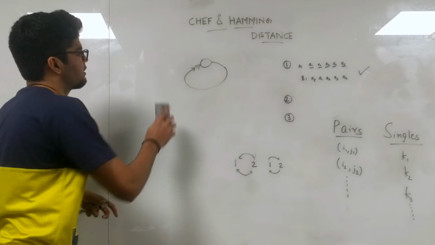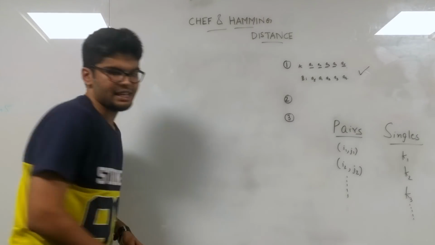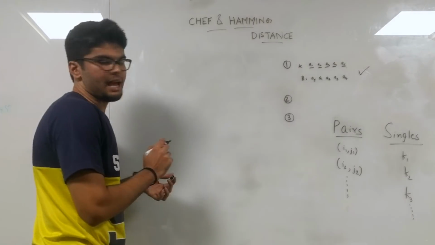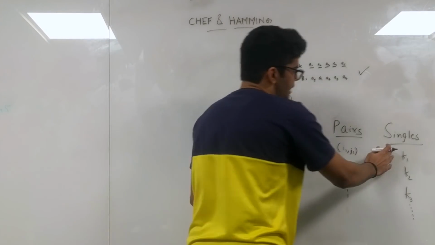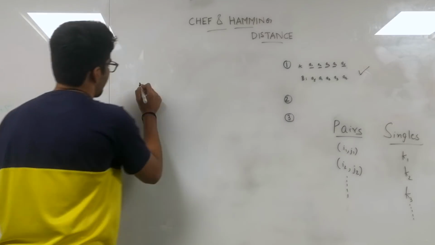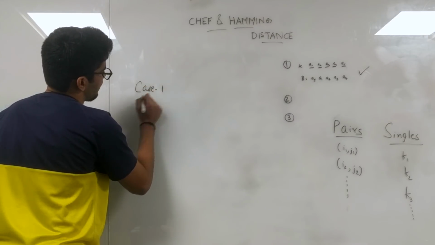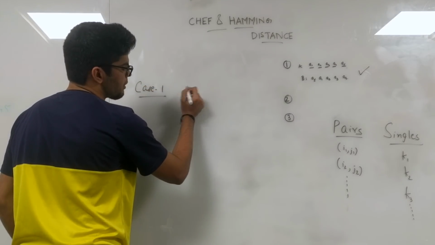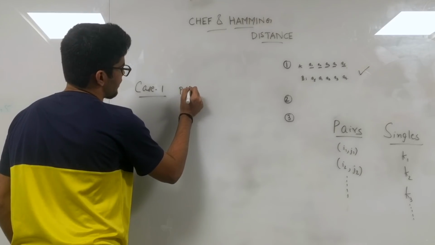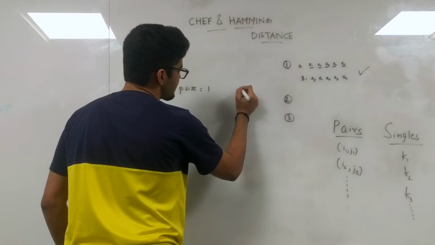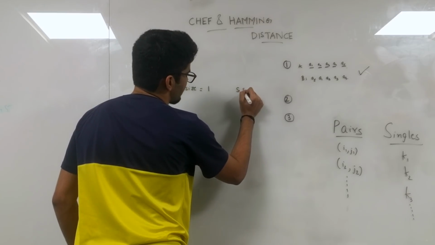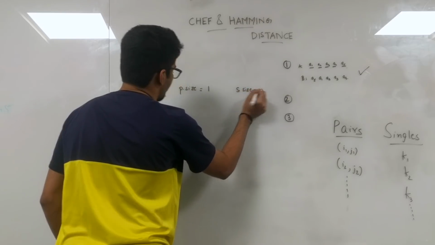If you think of it, there are just 3 cases wherein this can happen. So we have our pairs list and we have our singles list. Case 1 is when the size of the pairs list is 1 and the size of the singles list is n.